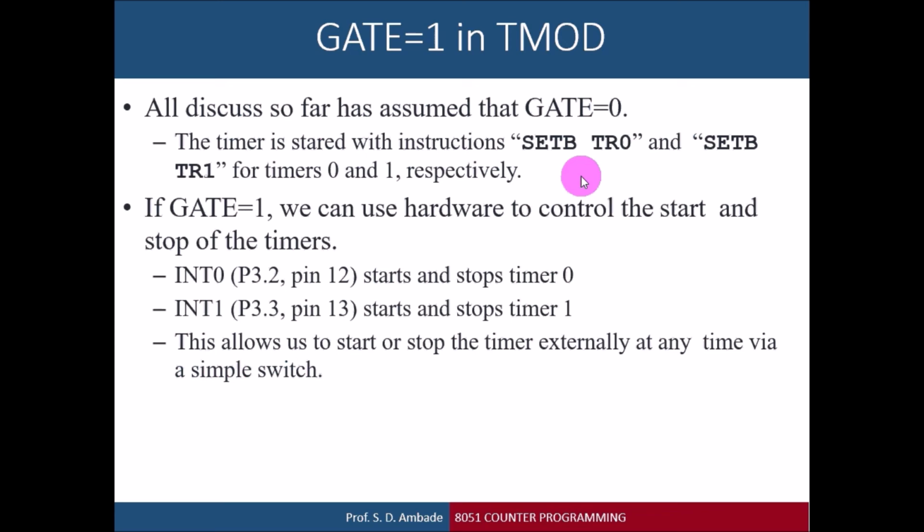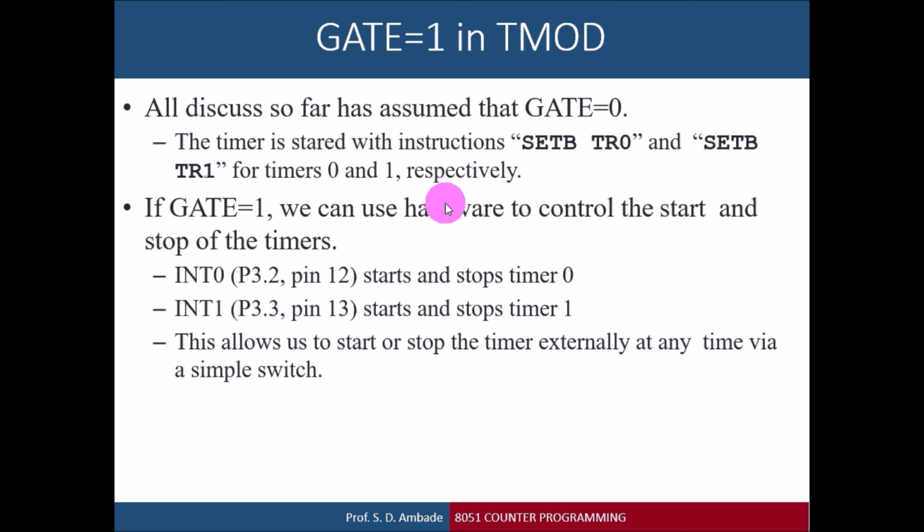What happens when the GATE bit is equal to 1 in the TMOD register? All we have discussed so far has assumed that GATE is equal to 0. The timer is started with the instructions SETB TR0 and SETB TR1 for timer 0 and 1 respectively if GATE is equal to 0. But when GATE is equal to 1, we can use hardware to control the start and stop of the timer.